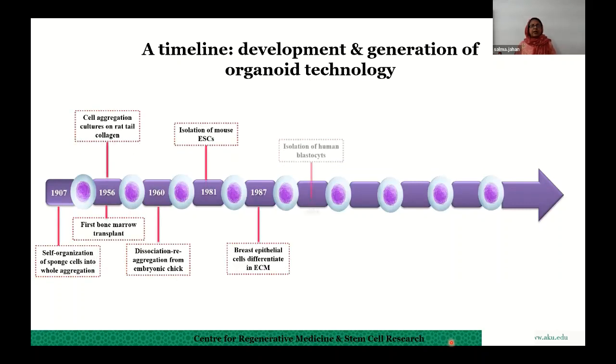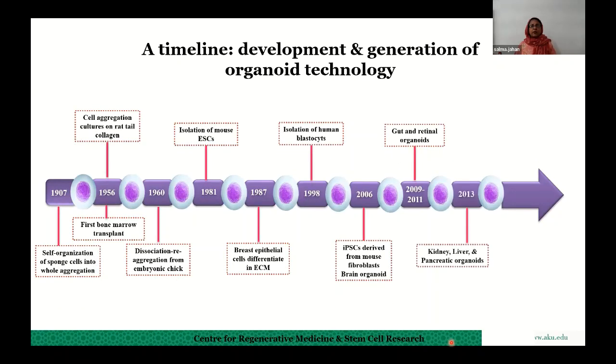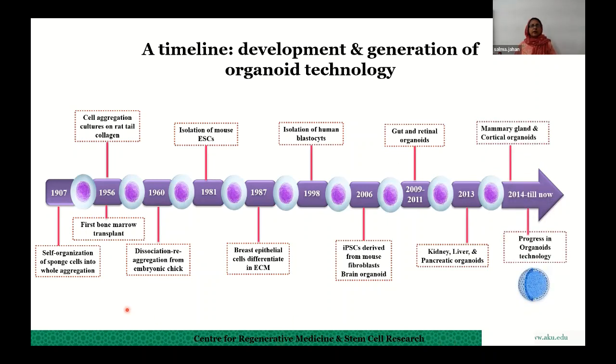The timeline of the development of organoid technologies actually started in the early 1900s, when sponge cells first showed self-organization, the ability to form aggregates. Then another group showed that these aggregates require some extracellular matrix system.